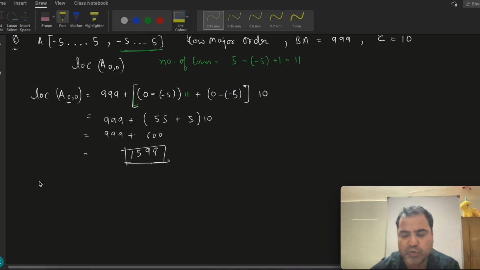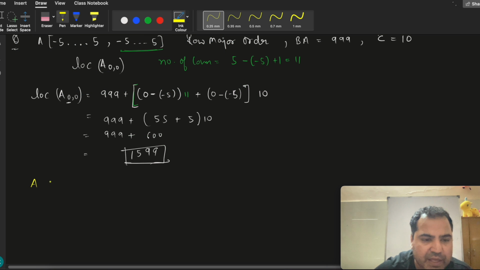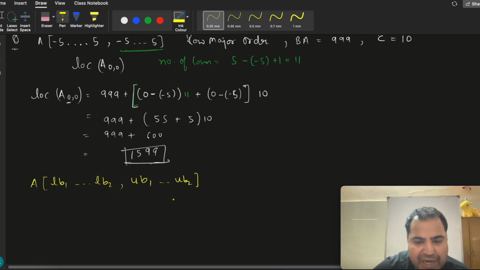Analyze this formula. Say you have given an array with rows from lower bound LB1 to LB2, right? Or rows starting from LB1 to LB2, not address count, and columns UB1 to UB2, and say you want to check the address of AIJ, right?